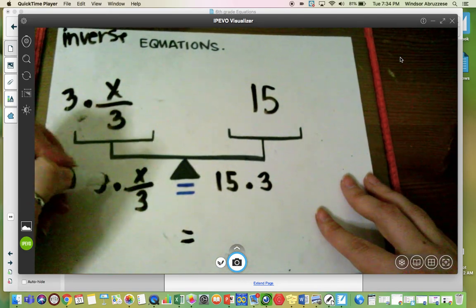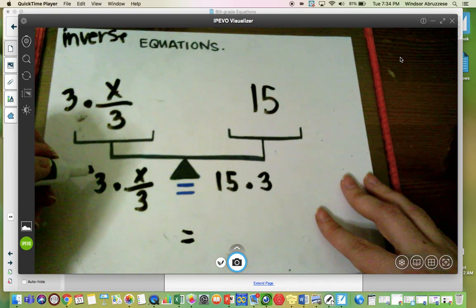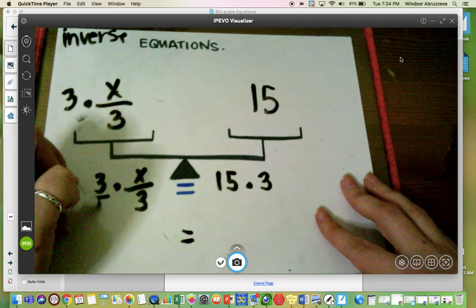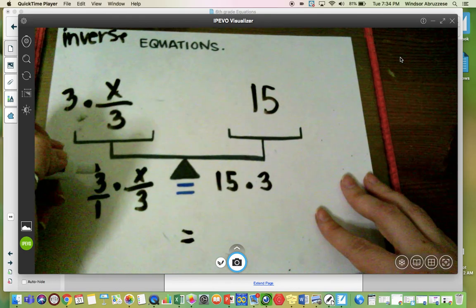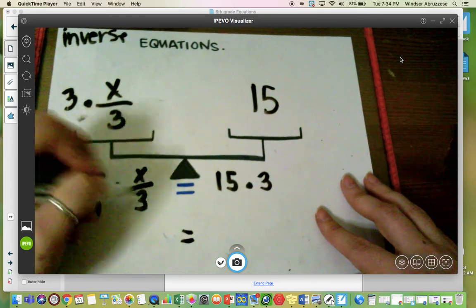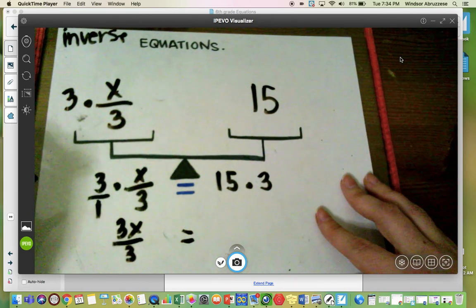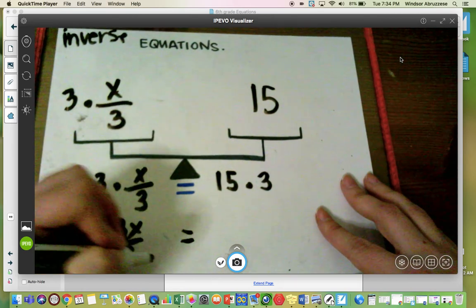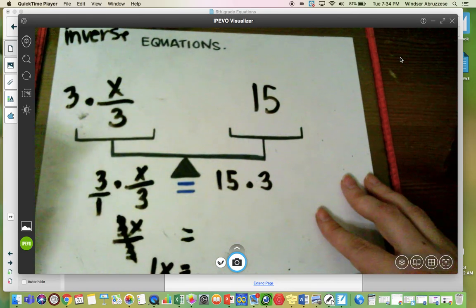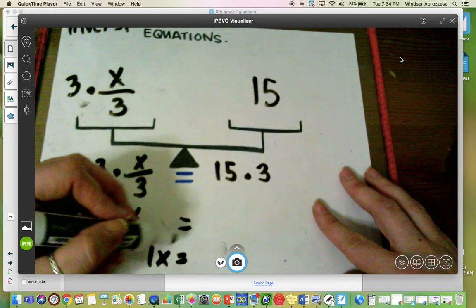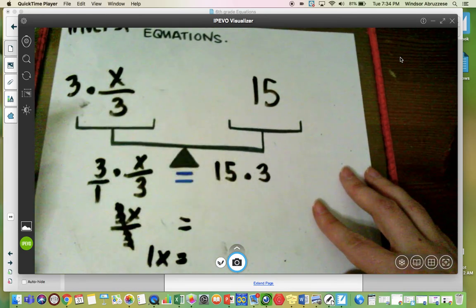So what is a fraction times a whole number? Well, if I put a 1 underneath, I get 3x over 3. And what is 3x divided by 3? 1x, which is what we want, that unknown. 1x equals, what's 15 times 3?